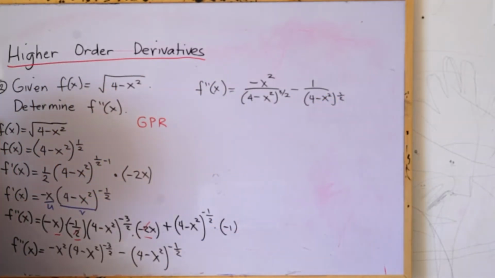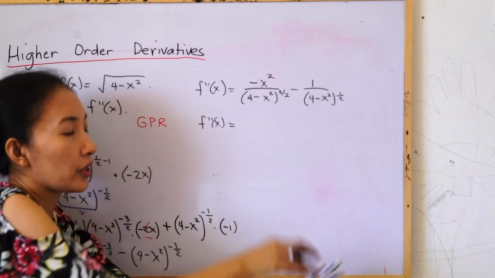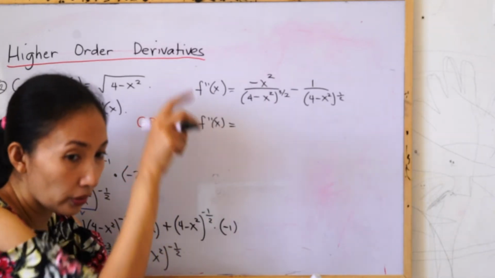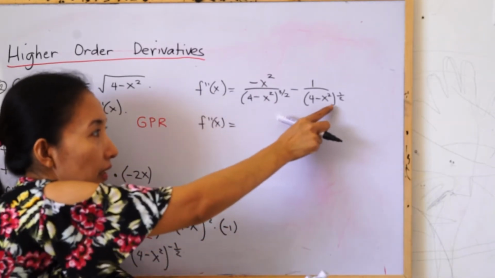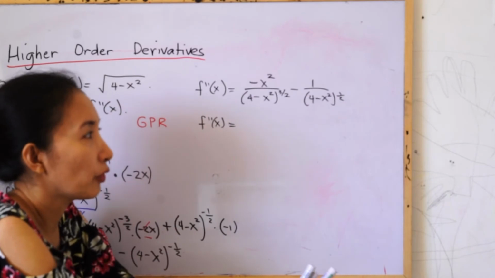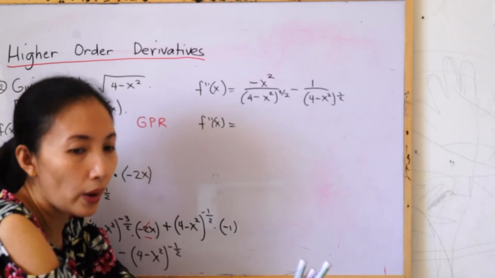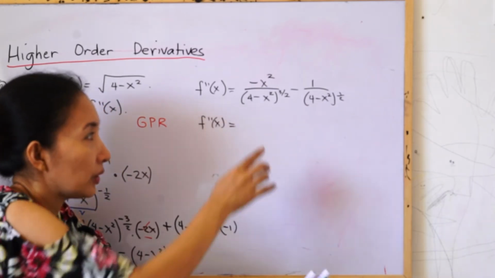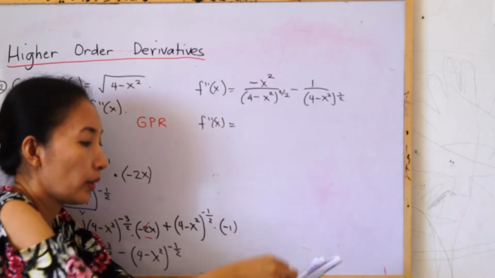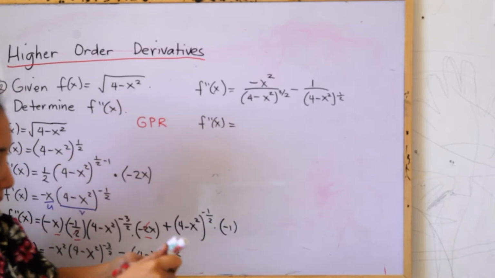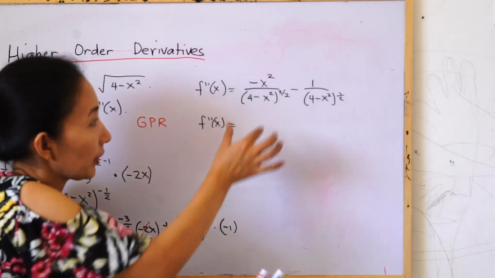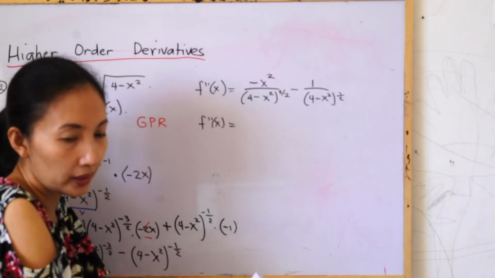Is there another way of writing this? The first fraction has the denominator 4 minus x squared raised to 3/2, and the second has the denominator 4 minus x squared raised to 1/2. So we get the LCD. We have to multiply the second fraction by 4 minus x squared.